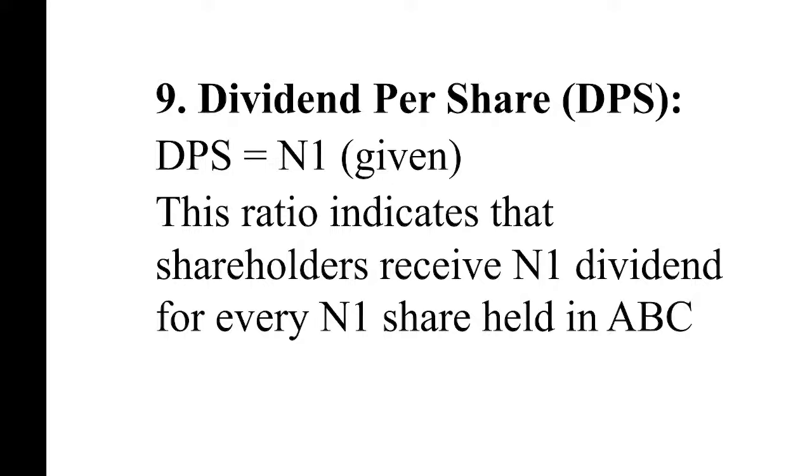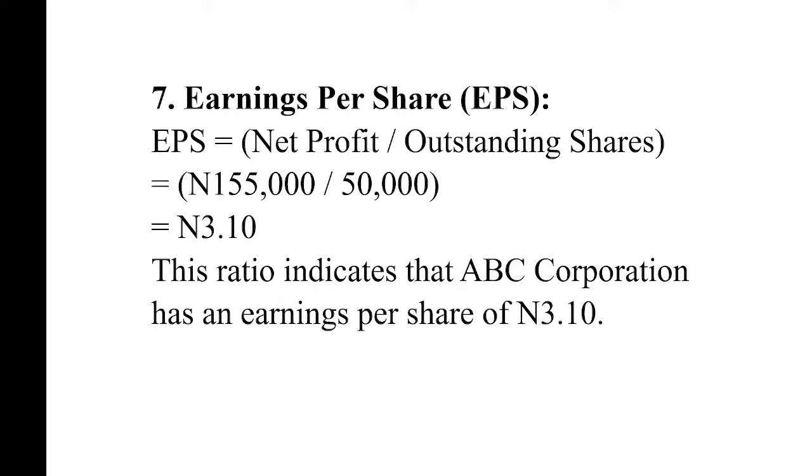The seventh ratio. Okay, I'll go back to it again. Earnings per share. So I was saying that earnings per share is equal to net profit over outstanding shares, equal to 155,000 over 50,000. I told you that the outstanding shares is the number of shares, not the value of shares.